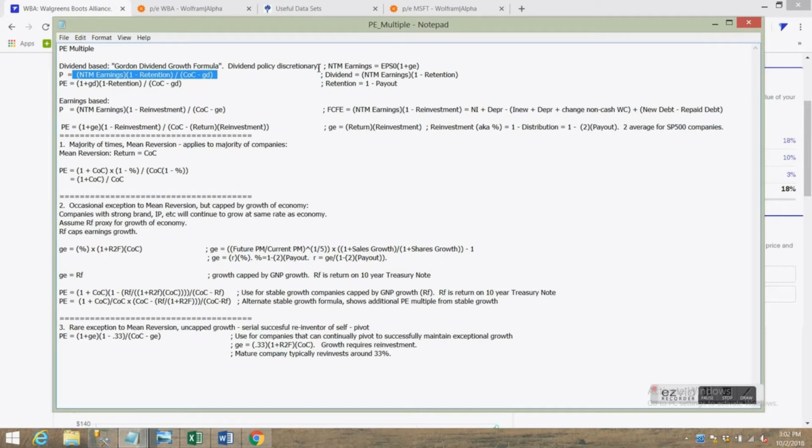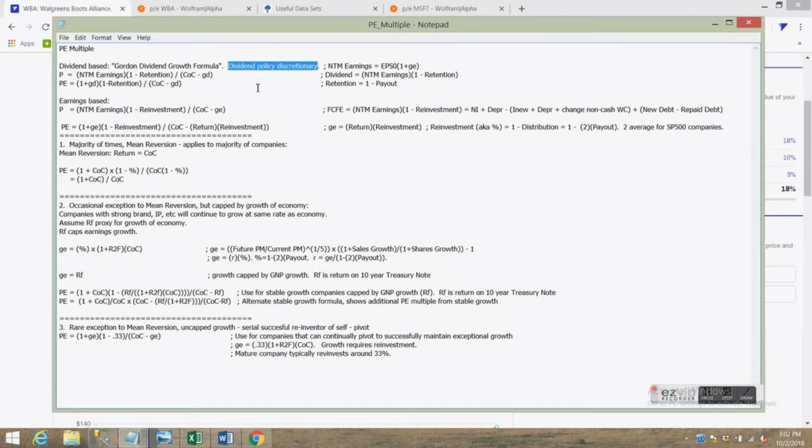Well, that's one way to do it, but the problem is that dividend policy is arbitrary or kind of discretionary by management. So it's kind of odd to use a formula that is based on a value that's just discretionary by management.